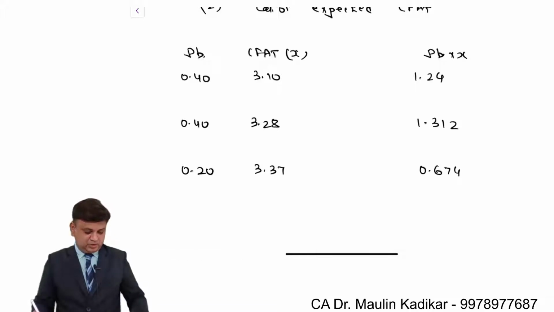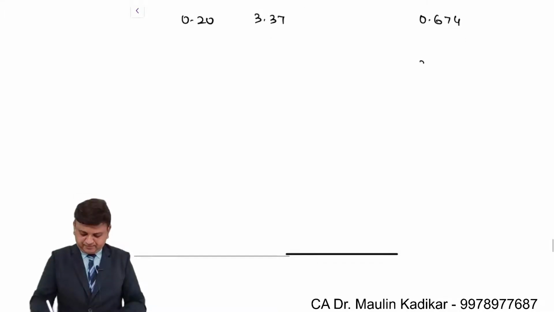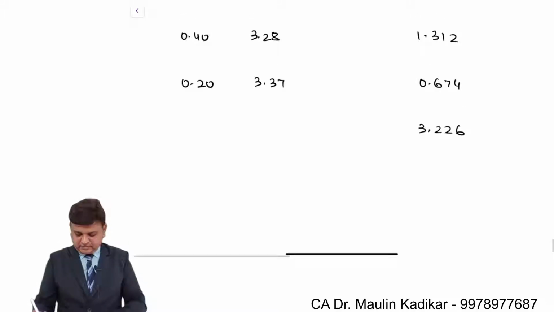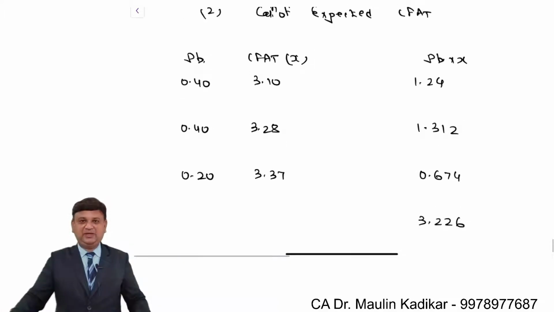So please make the total: 1.24 plus 1.312 plus 0.674. That is the way we make the total. It is 3.226. This is the cash flow in million terms in dollar currency.